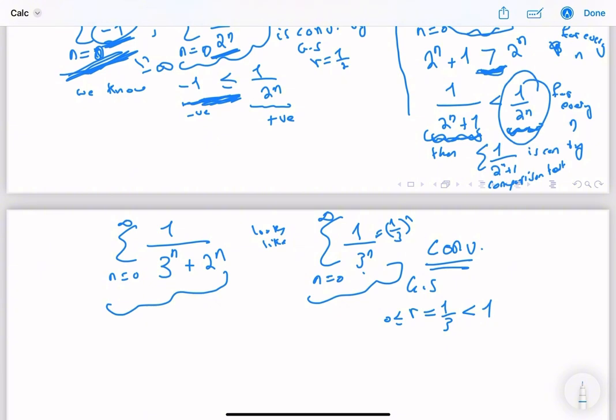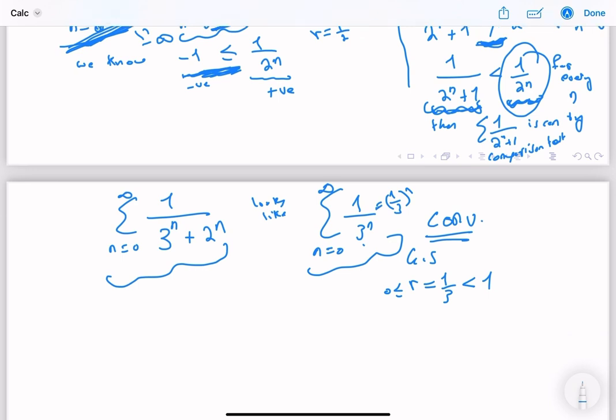Before we check that this is convergent, let's try to make ourselves feel better and try the nth term test, to see if this limit is 0, because if this limit is not 0, we know by the nth term test that this is divergent, right? However, if the limit is 0, it doesn't tell us anything. So what is the limit of this?